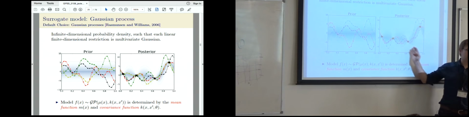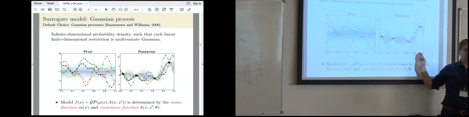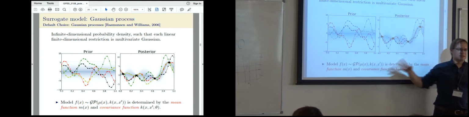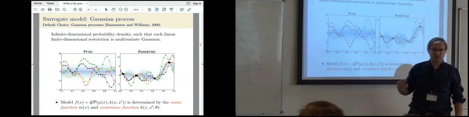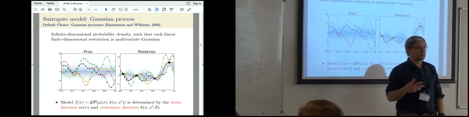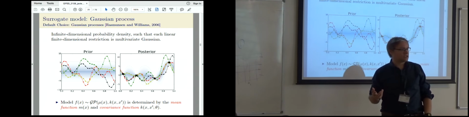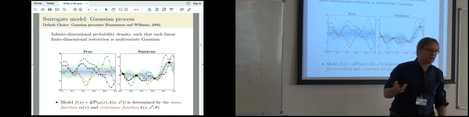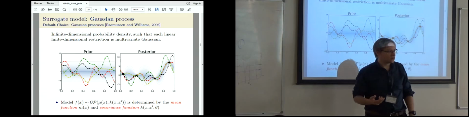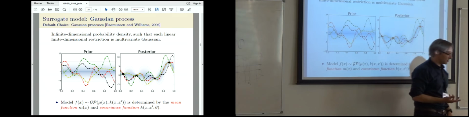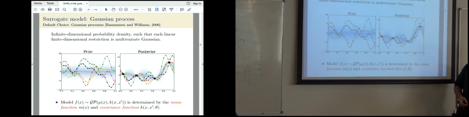So if I look at this stochastic process in a finite set of points, what I have is a multivariate Gaussian, and multivariate Gaussians are nice because they allow us to represent uncertainty and also to compute pretty much everything we need as operations in linear algebra. And we know how to do linear algebra operations very well because we know how to do linear algebra with computers, right? So this is great.